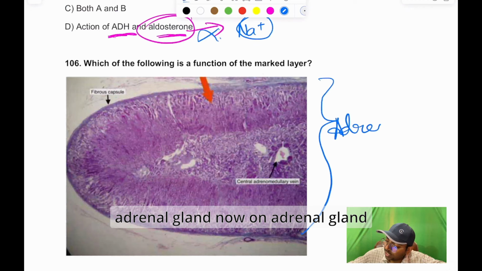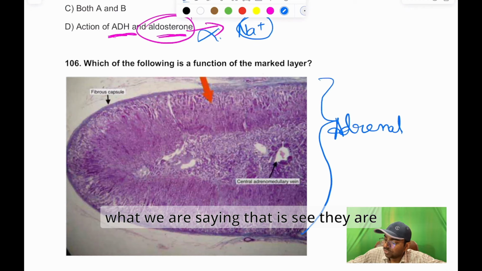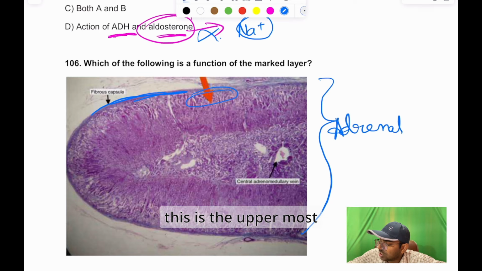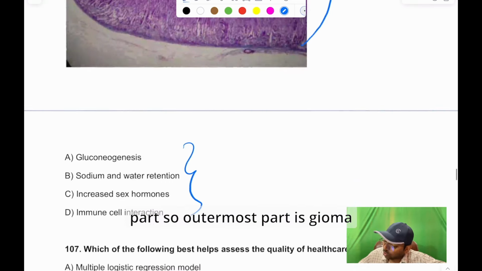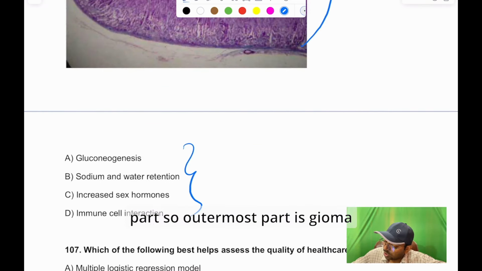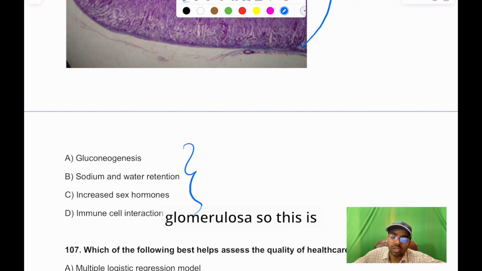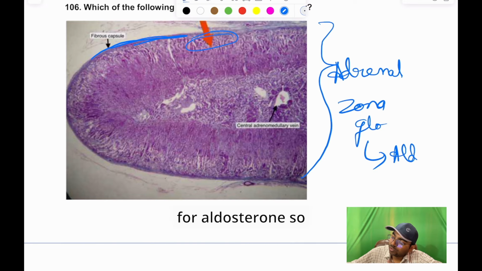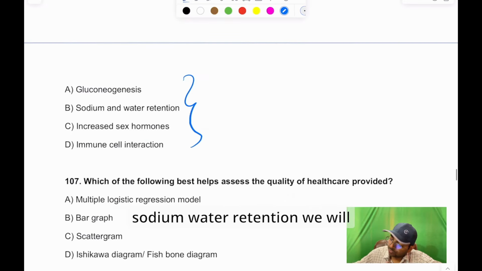This is the capsule, then this is the uppermost part, so the outermost part is the glomerulosa. This is the zona glomerulosa, and it will be responsible for aldosterone, so sodium and water retention. We will go with option B.